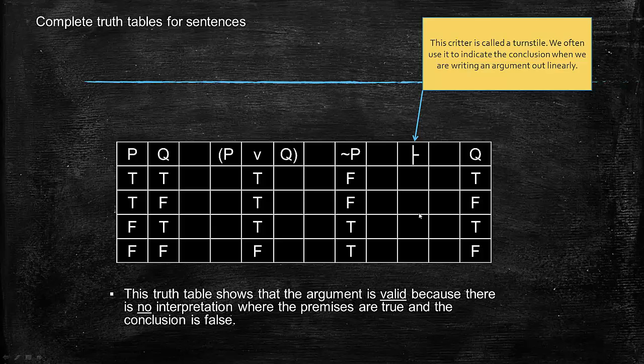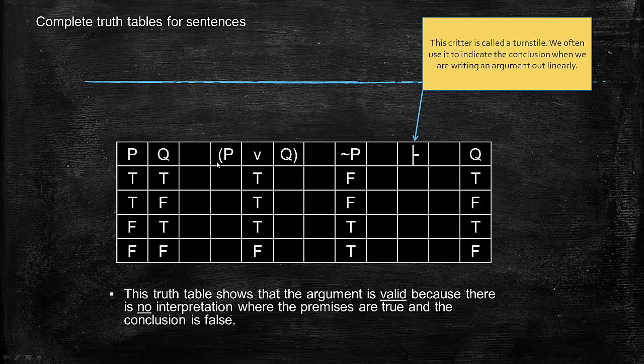Now I've simplified this a little with that, so I haven't gone and written all of the values in for P and Q here, so we can just see what this truth table shows. What this truth table shows is that there is no assignment of values to the individual propositions that will give us true premises and a false conclusion.